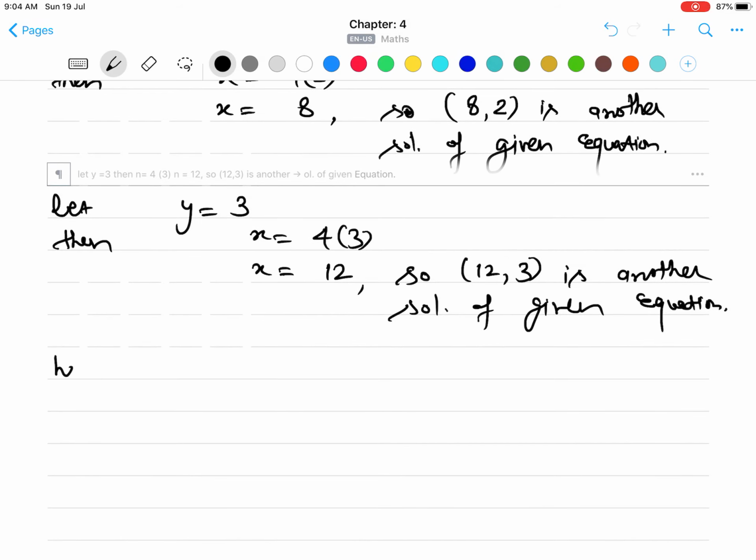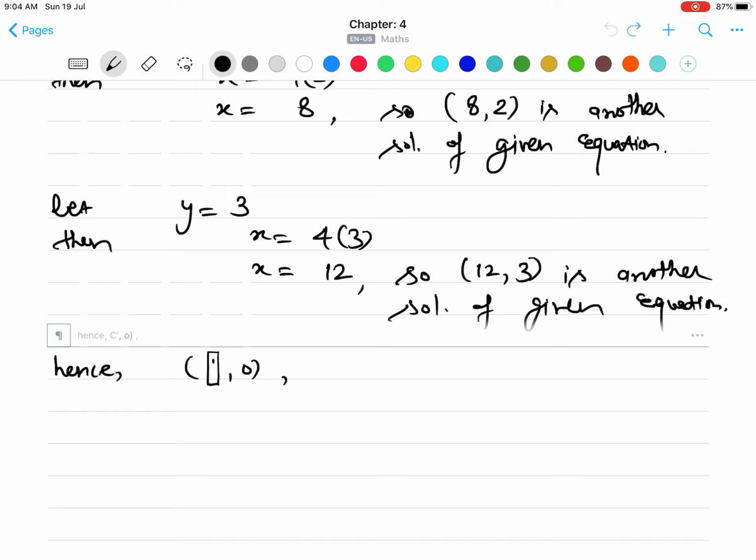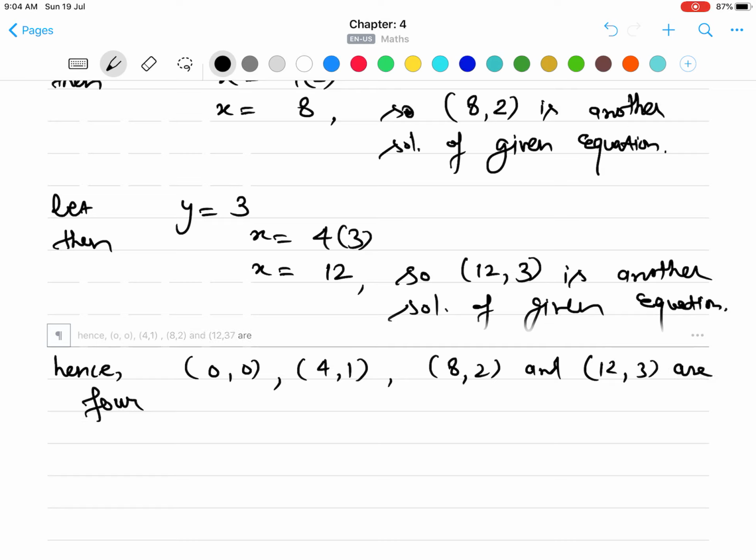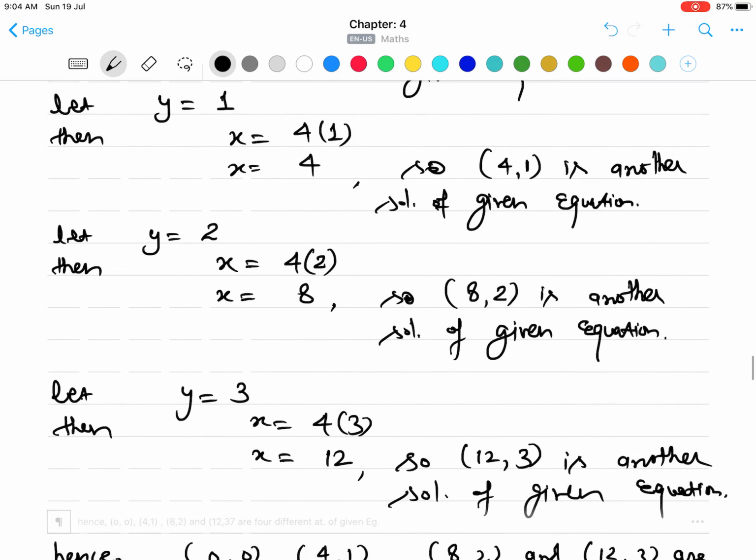Hence, we have taken y as 0 and so x is 0, so (0, 0), (4, 1), (8, 2) and (12, 3) are four different solutions of the given equation. Okay, so we found four solutions for the third equation also.